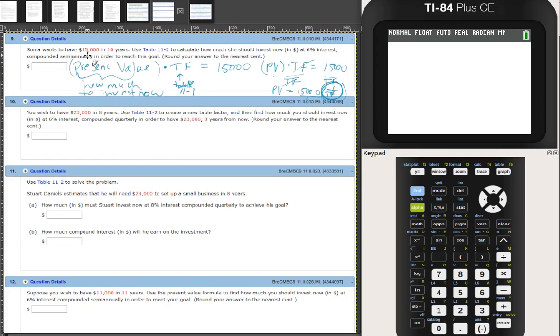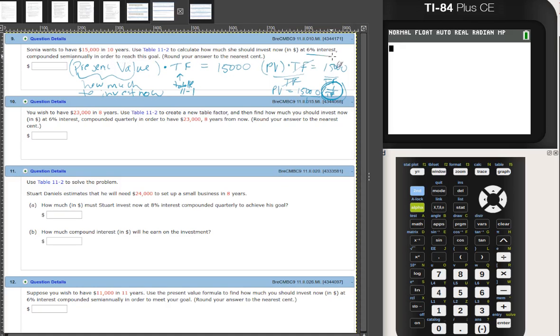They want it to be worth 15,000 in 10 years. How much should she invest now at 6% interest, compounded semi-annually? So we still need to find the same values like the i value, which is the interest per period, which is 6% interest, and then semi-annually means twice per year. So really the interest per period is 3%.